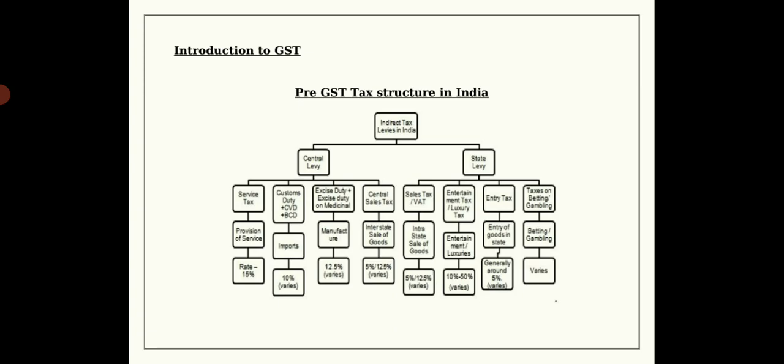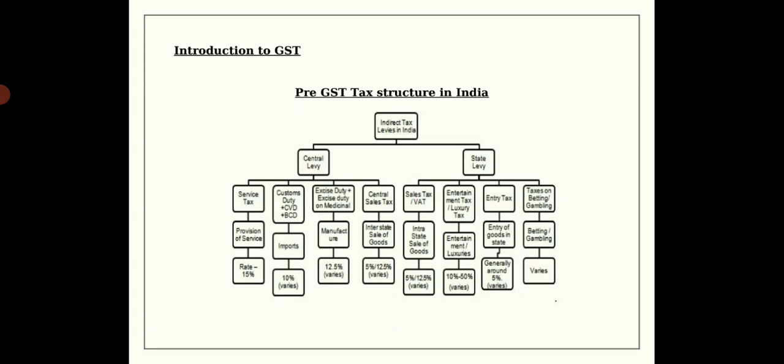Once you look at this picture, the current system of taxation on goods and services is characterized by a multiplicity of taxes on goods and services. When you observe this picture, indirect tax is levied by two governments. One is the central government, the other is the state government.